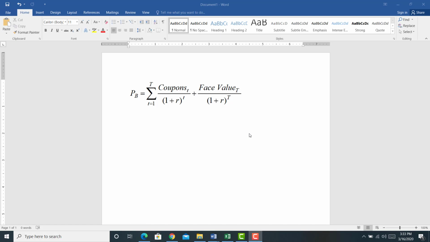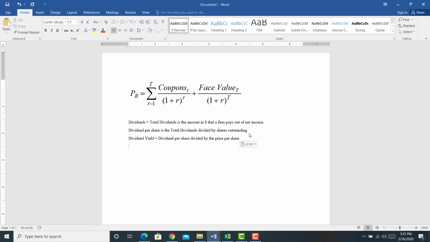So we have to understand something about dividends. A couple of things. First, a firm has net income at the end of the quarter. They will choose to pay a portion of that net income out as dividends. The total amount of dividends is the amount of dollars that a firm pays out of their net income. The dividend per share is the total dividends divided by shares outstanding.